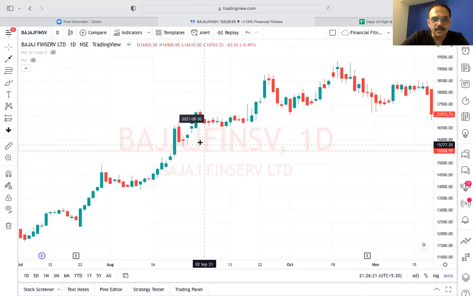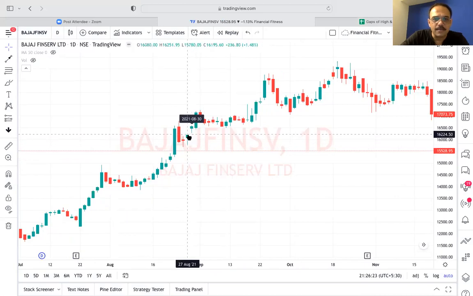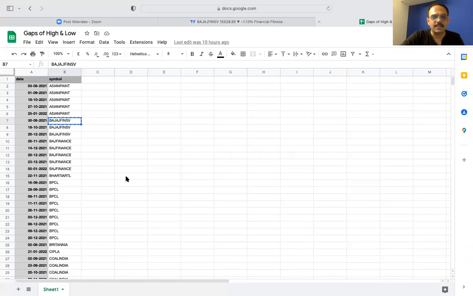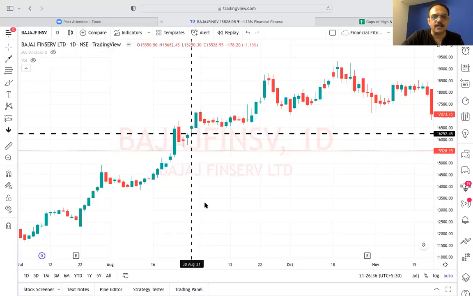See here, this is a gap between high and low. So if we draw a line here, there is a possibility, this was the gap, right? Bajaj FinServ 38 2021.